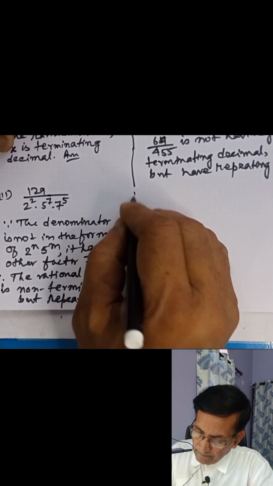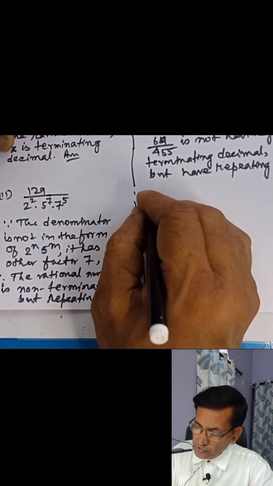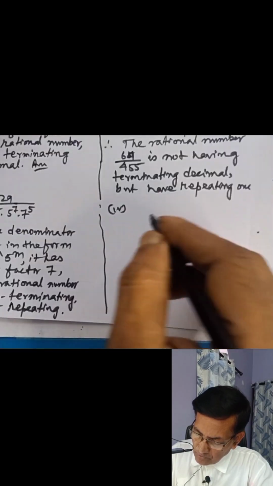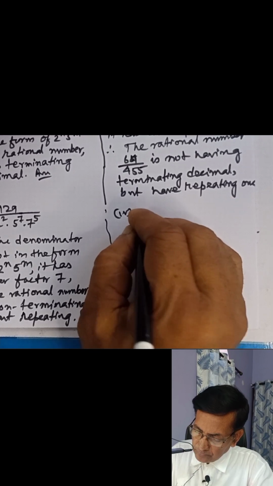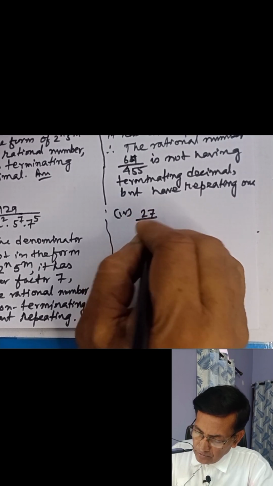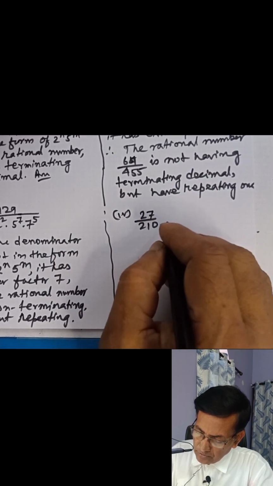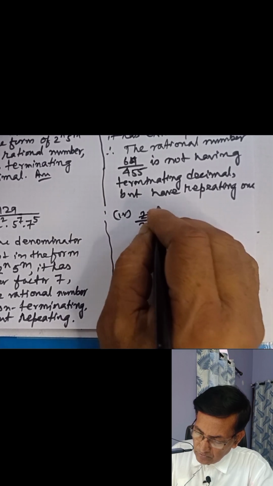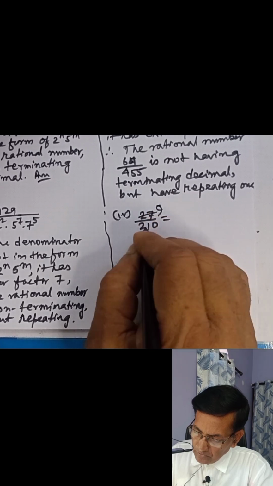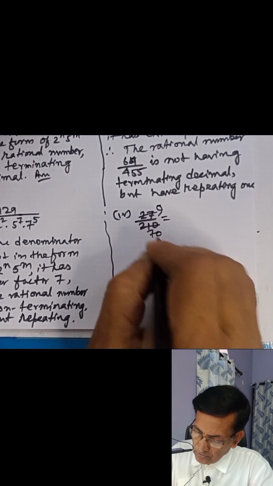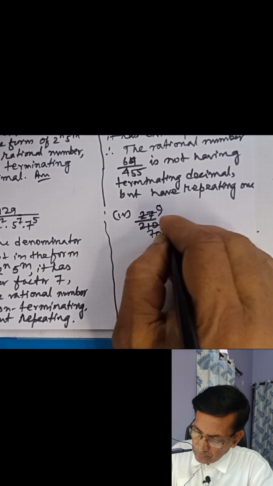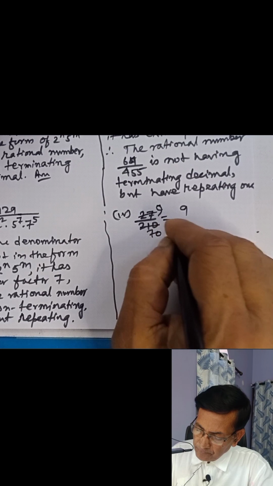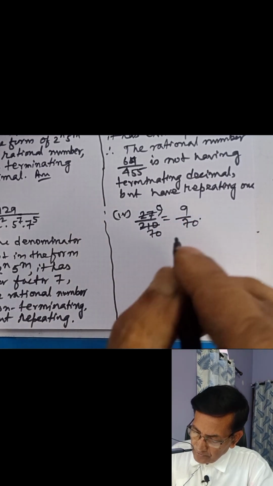Number 4 sum is 27 by 210. 27 by 210 is equal to 9 by 70.